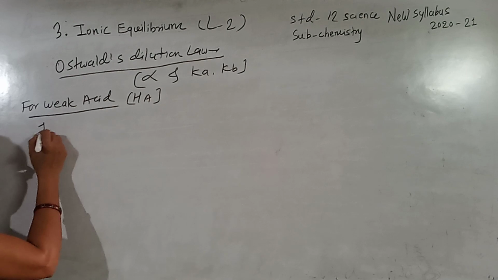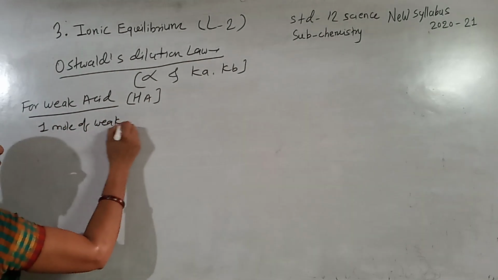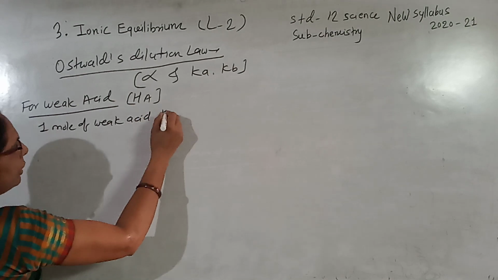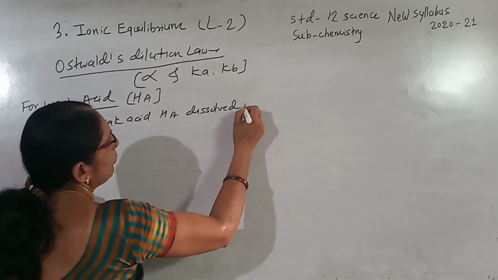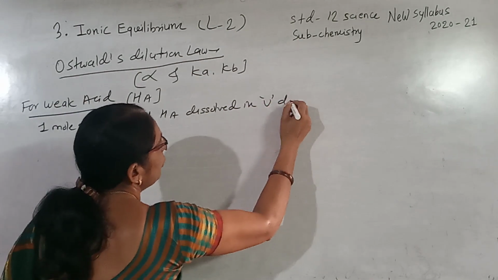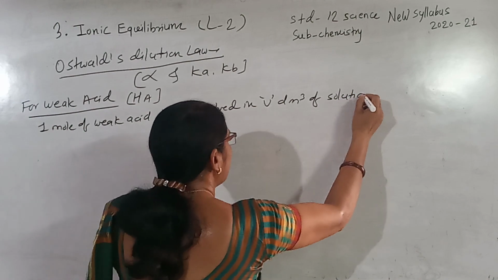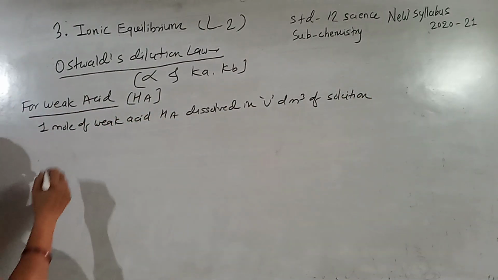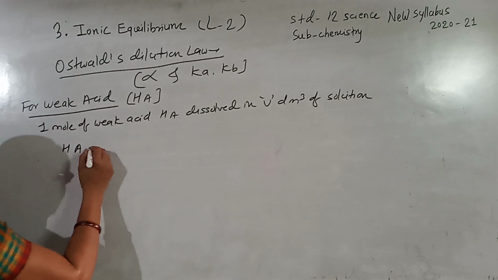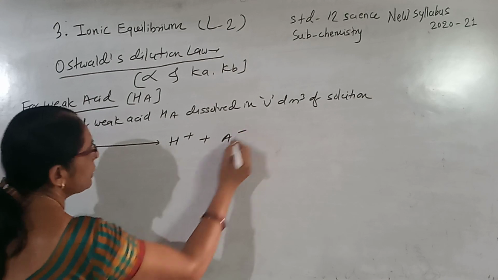Let us consider 1 mole of weak acid HA dissolved in V dm cube of solution. HA can dissociate into H plus and A minus.